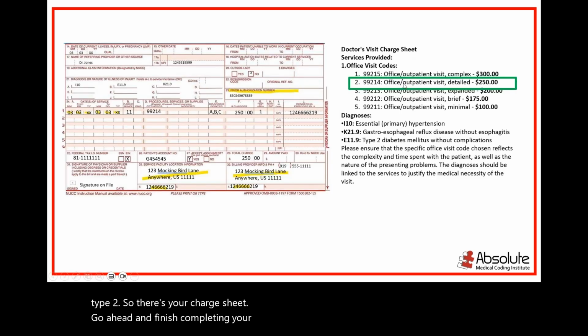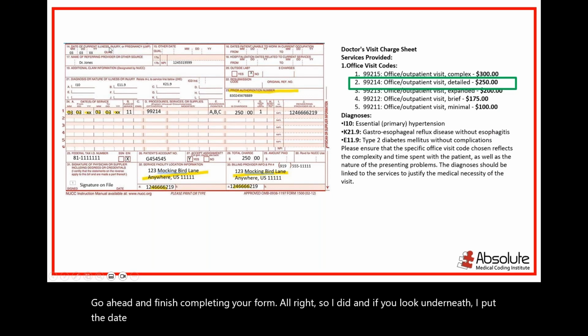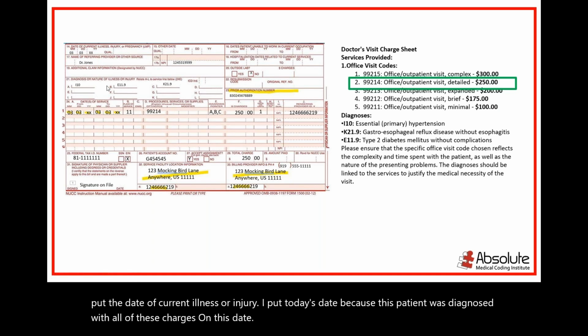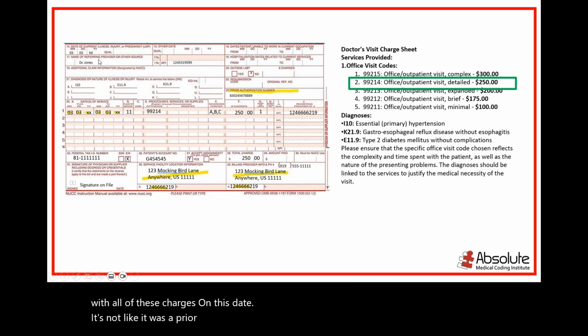All right, so I did. And if you look underneath, I put the date of current illness or injury. I put today's date because this patient was diagnosed with all of these charges on this date. It's not like it was a prior diagnosis. The name of the doctor that referred the patient is Dr. Jones.